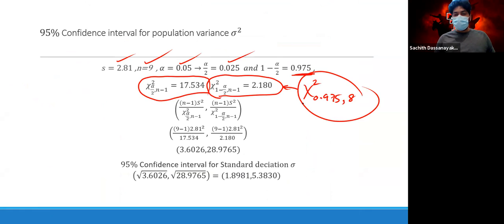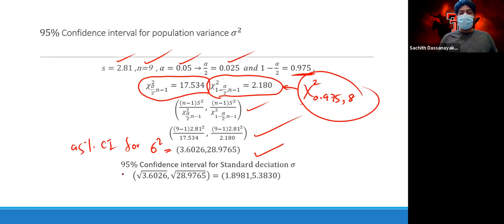So plug in the values and you can get this. This is the 95% CI for sigma squared, and you can get the 95% confidence interval for the standard deviation by taking the square root.